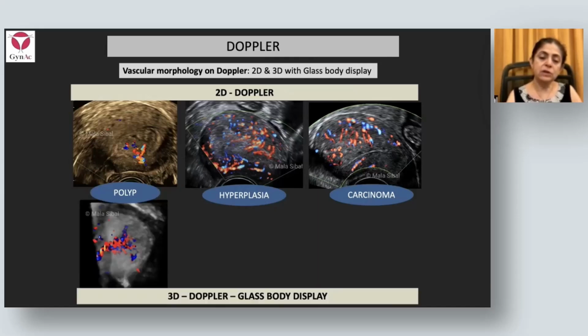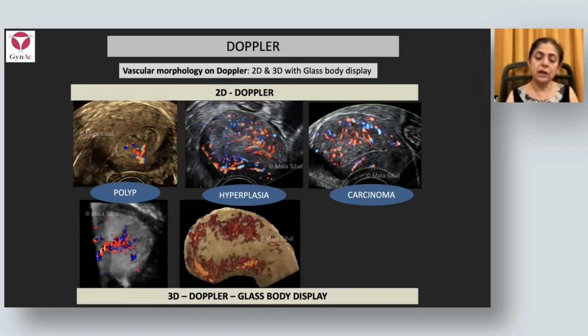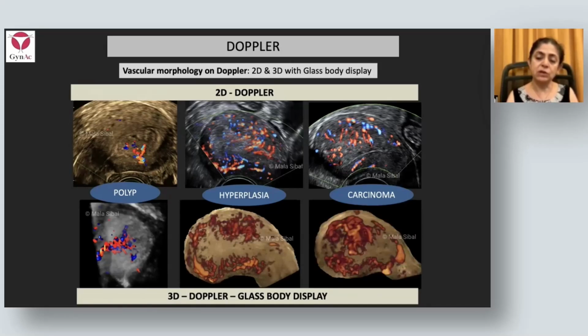Now, the same thing you can see on 3D. This is the vessel entering the endometrial polyp and branching within. In hyperplasia, the pattern remains the same. You have single vessels crossing the endomyometrial junction, running a parallel course. But in endometrial cancer, you can really see the big difference on 3D.